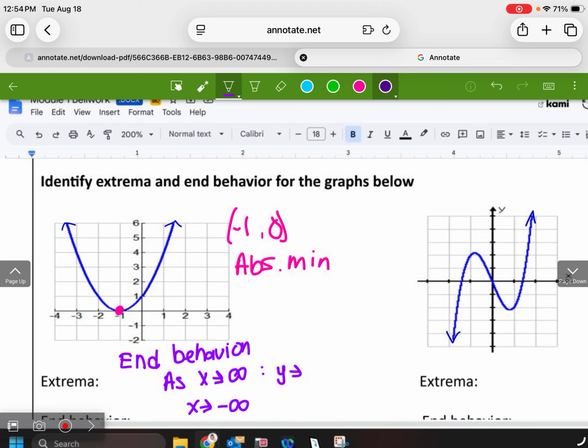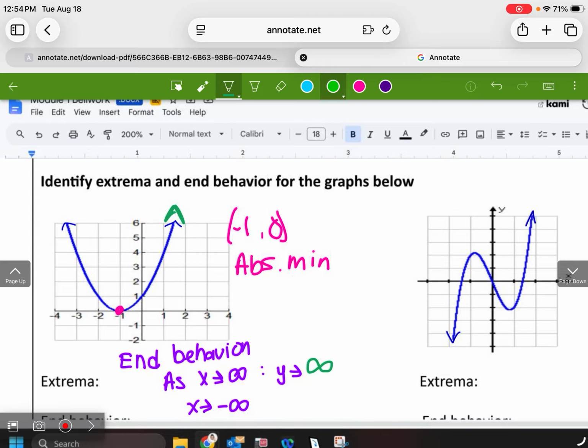So my y is going to go to what? Infinity. My y is going to go out to infinity. That's saying that this right arrow is pointing up. That's what this whole sentence says. This says the right arrow points up.